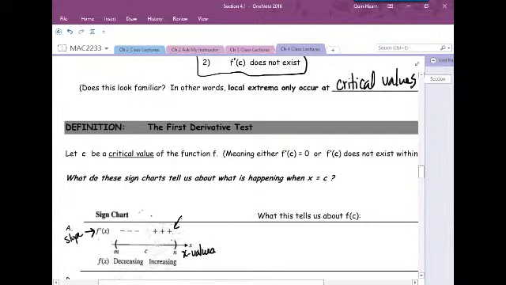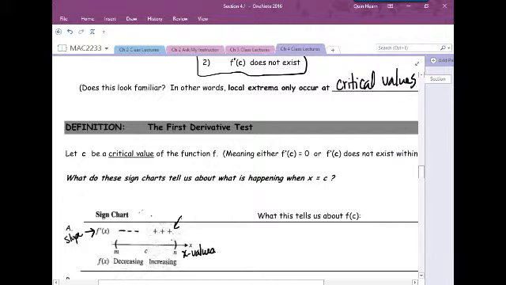And we're going to often be analyzing the first derivative, which is the slope of the function f, because when the first derivative is negative, our function f will be decreasing.